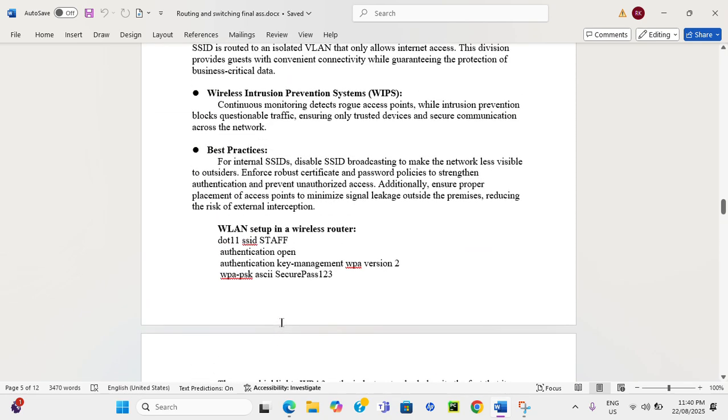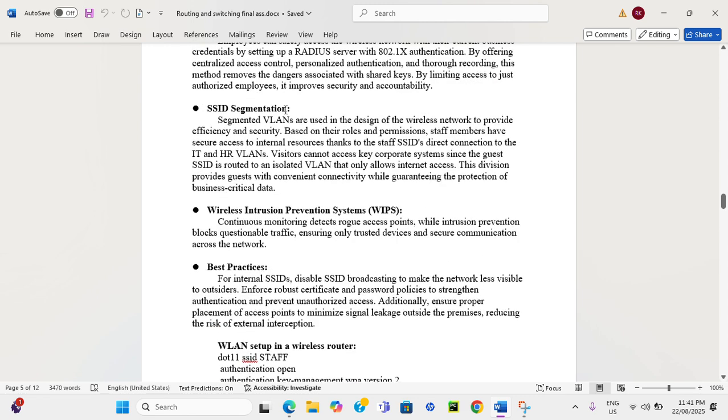This guarantees that the internal VLAN is only accessible by authorized staff.